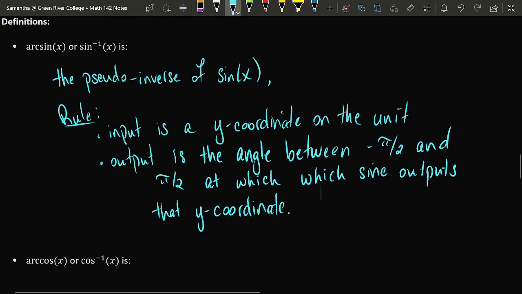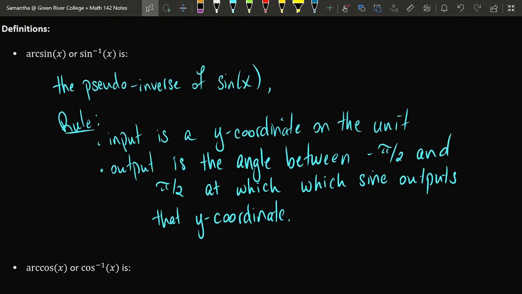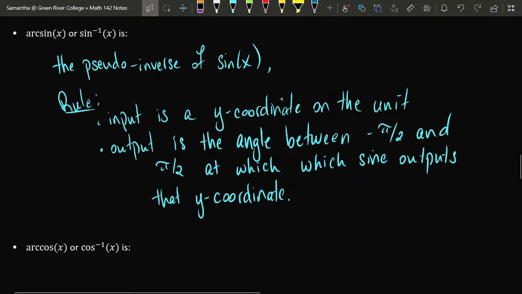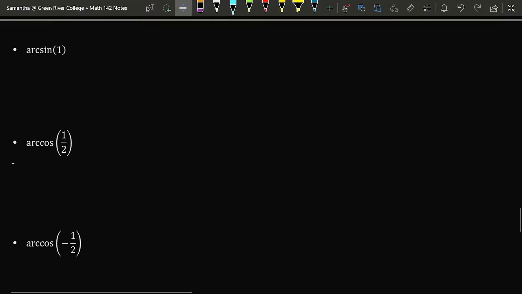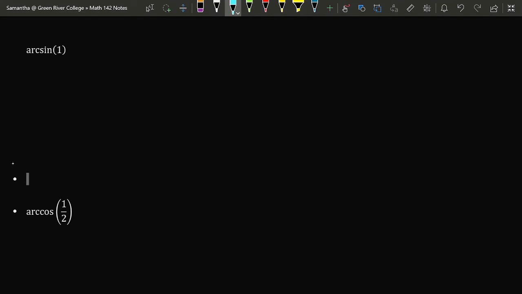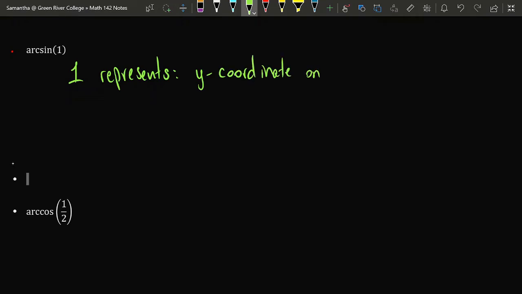So let's get some practice evaluating arcsine, evaluating the quote-unquote inverse sine function at various values. Someone asks me, what is the value of arcsine of 1? So the first thing that I'm going to note is that in this problem, 1 represents the y-coordinate on the unit circle.